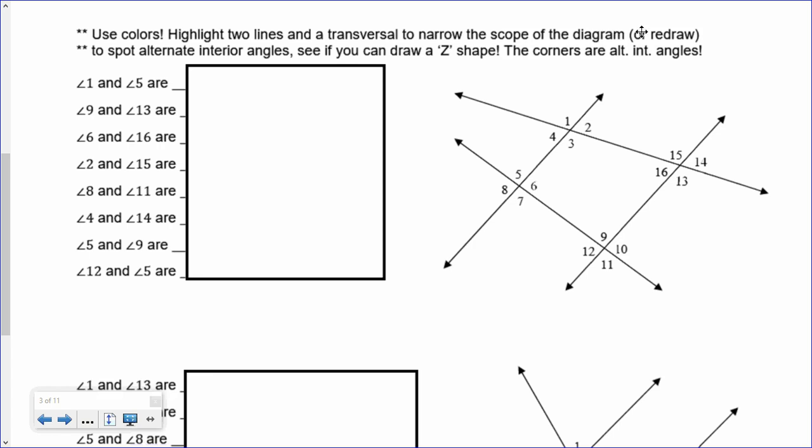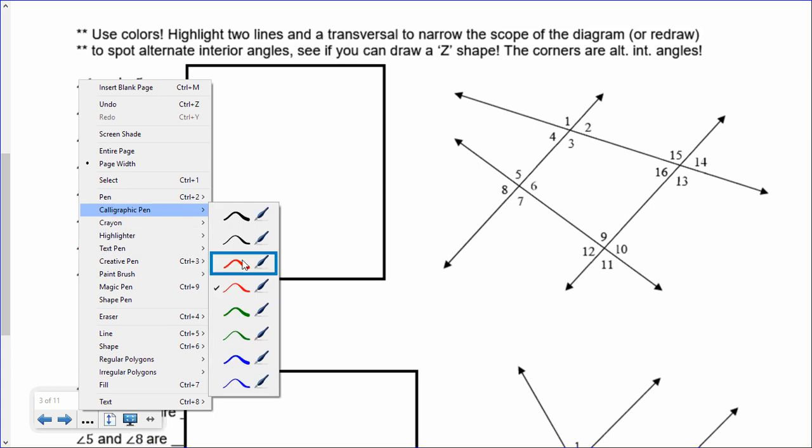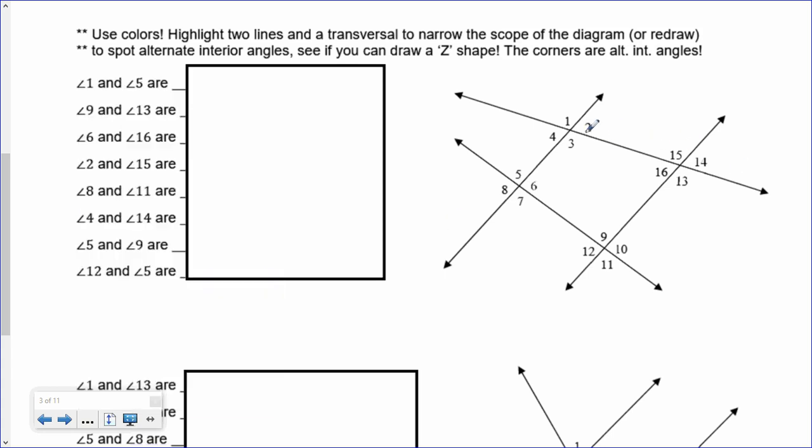Another way you can do this is just redraw the diagram. So let's say you didn't want to use this line right here. You could just redraw the diagram and take all this stuff out. That's another strategy. And then when you're trying to spot alternate interior angles specifically, if you can draw a Z shape, like this, if you can draw a Z kind of shape, the corners of your Z, like this, those are going to be alternate interior.